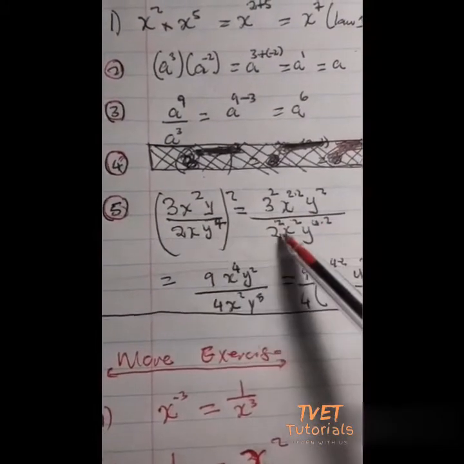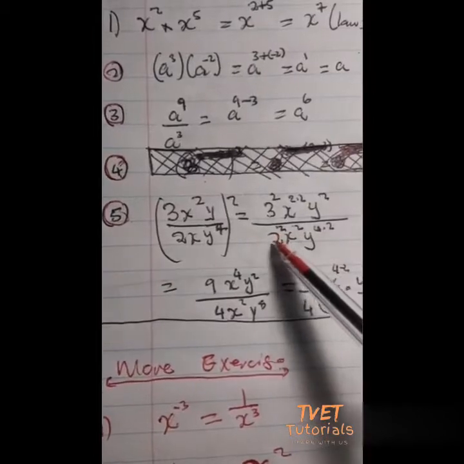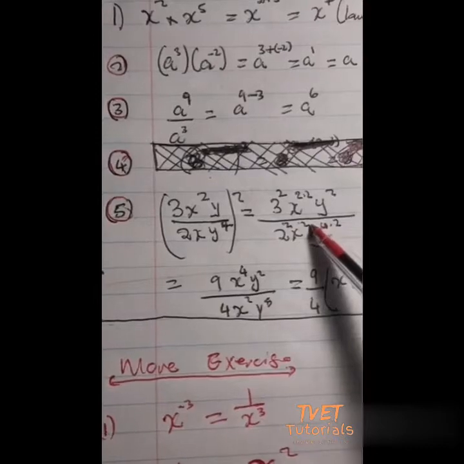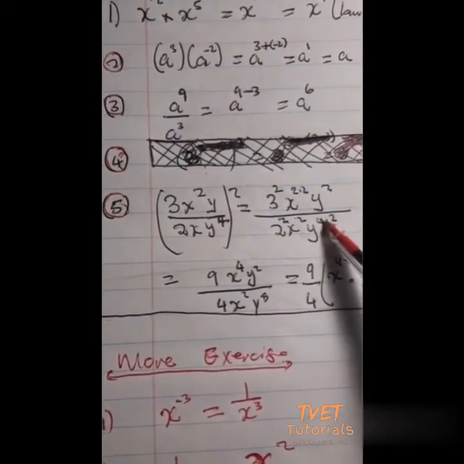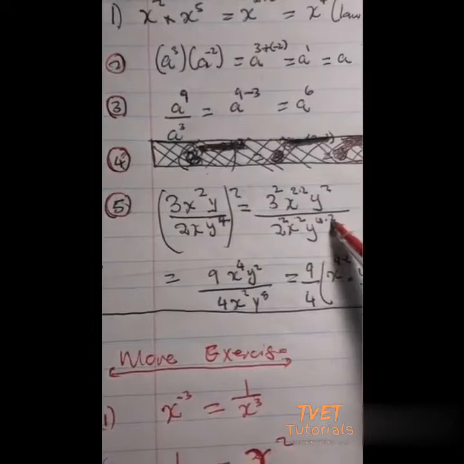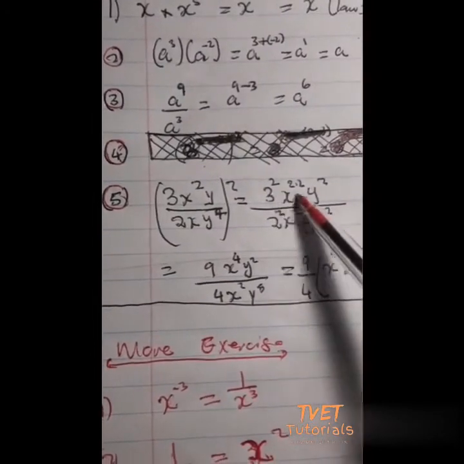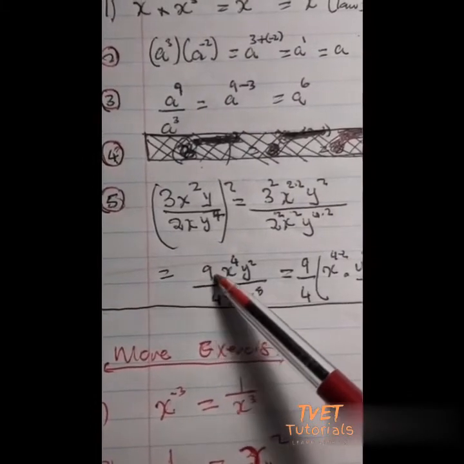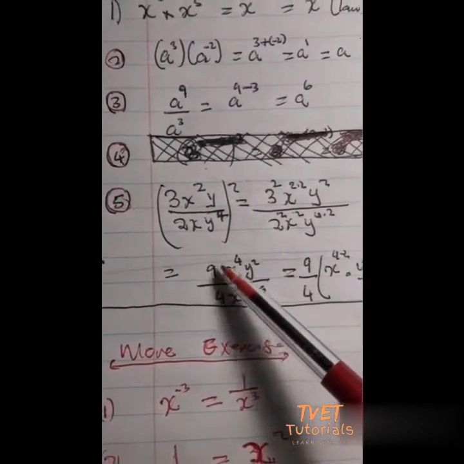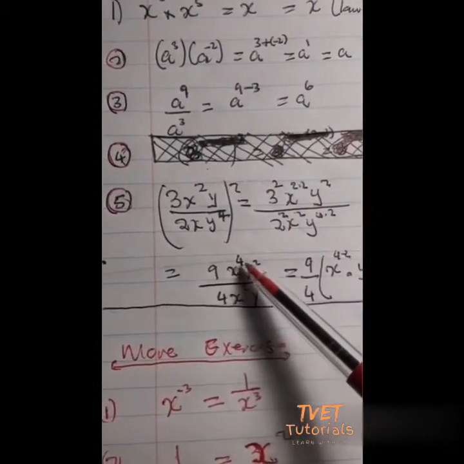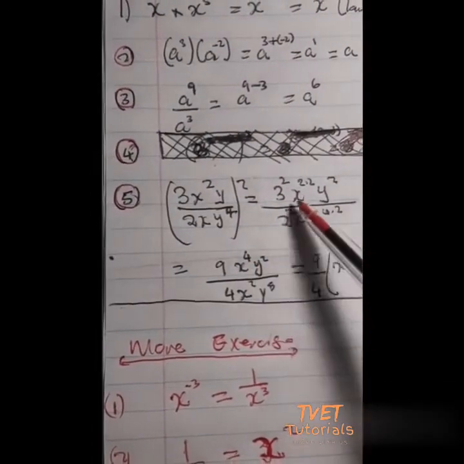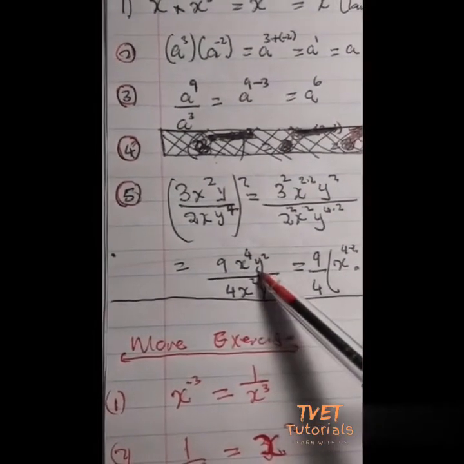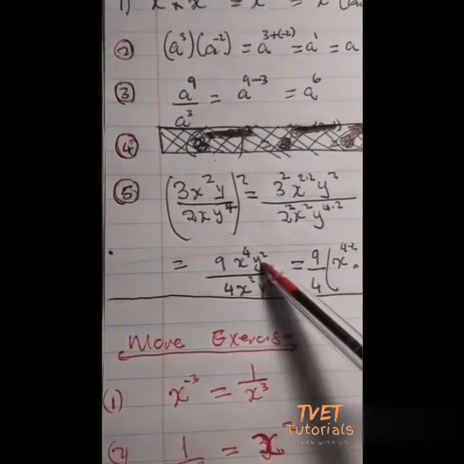Then I do the same for my denominator. So it becomes 2 to the power 2 multiplied by x to the power 2 times 2, multiplied by y to the power 4 times 2. So I've removed my brackets. Now if we punch that into the calculator, 3 to the power 2 gives you 9, and x to the power 2 times 2 gives you x to the power 4, and y to the power 2 is just y to the power 2.